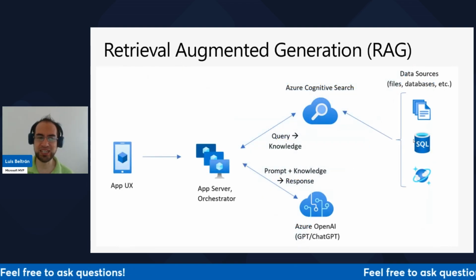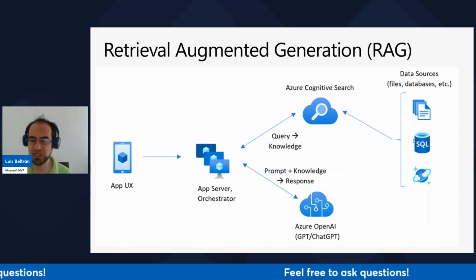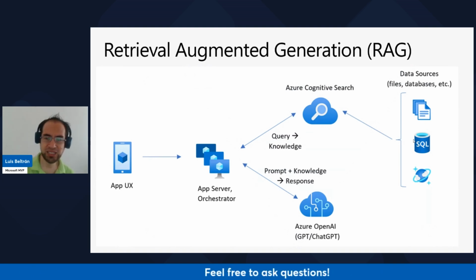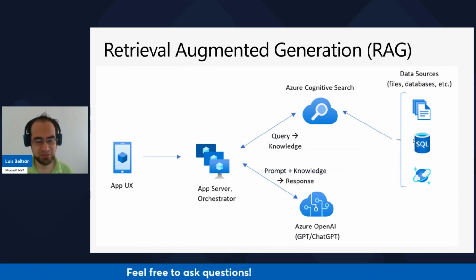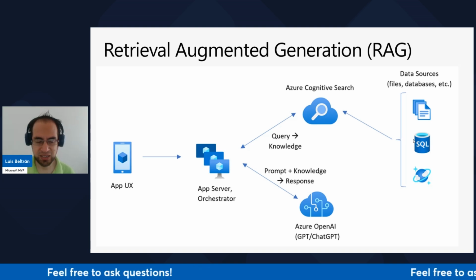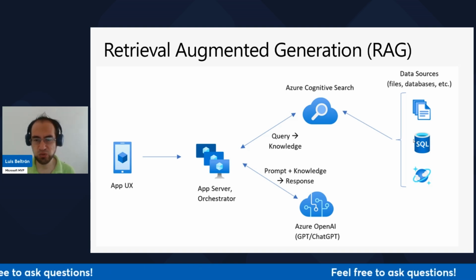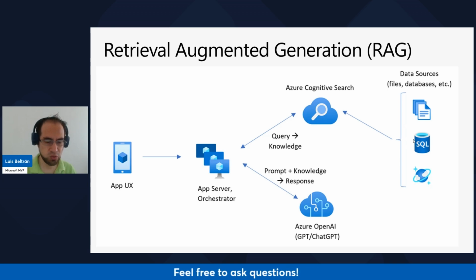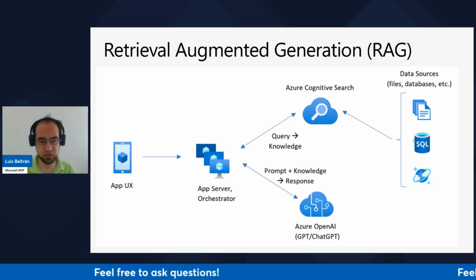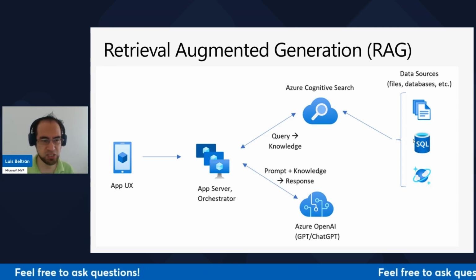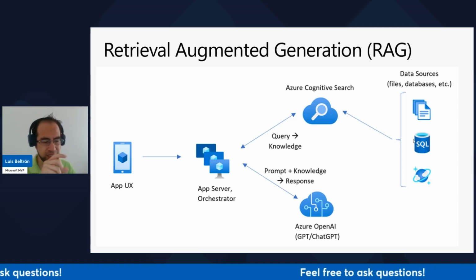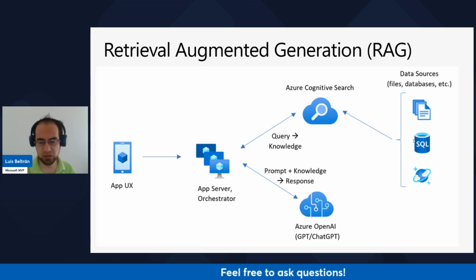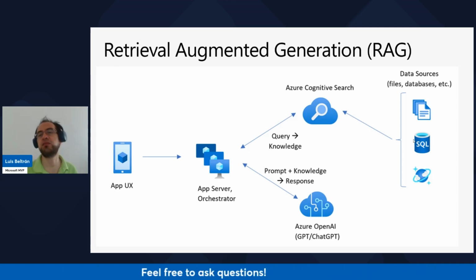Okay, so what is RAG? What is Retrieval Augmented Generation? The idea is that these GPT models will be able to reference specific sources of information in order to ground the response, so that the user knows, yeah, this answer was generated because the data was in this file, for example.